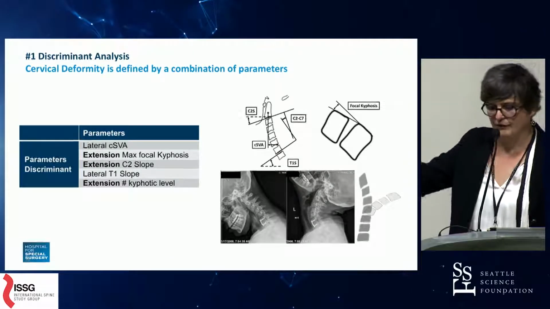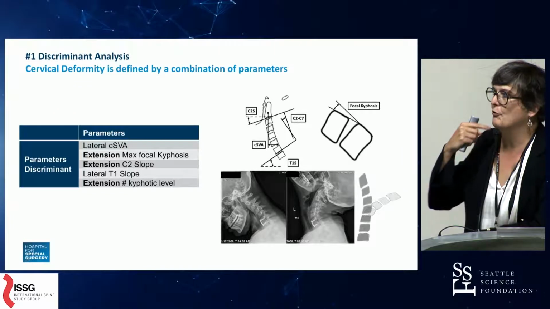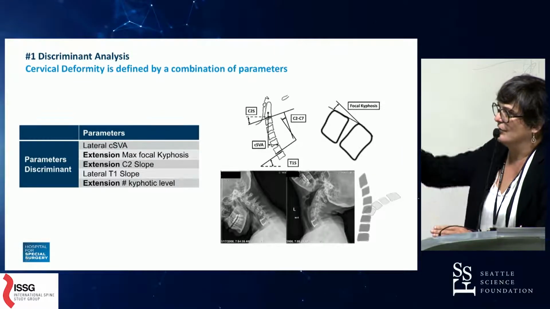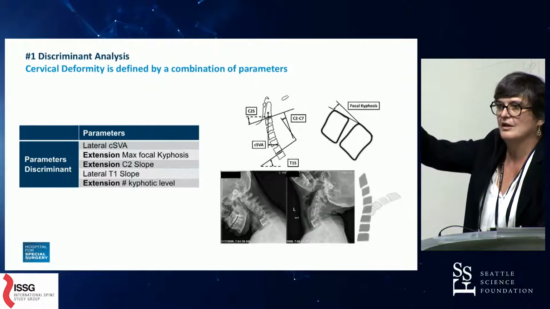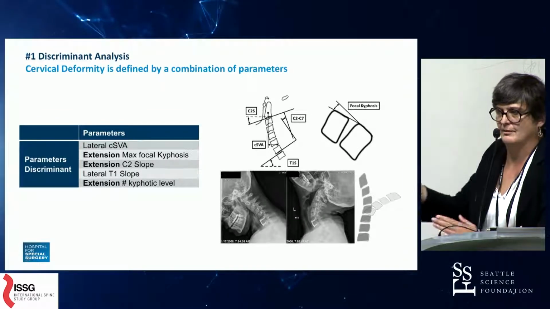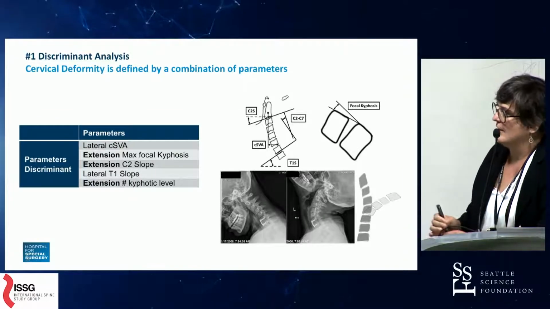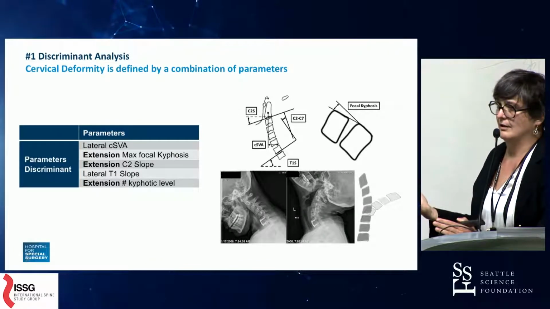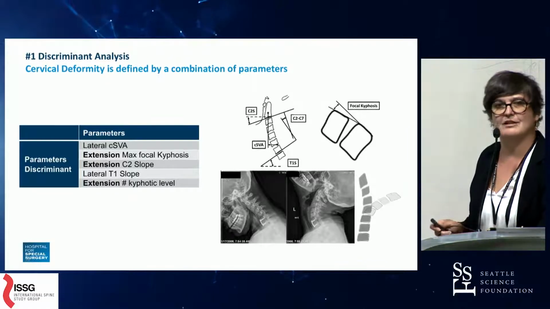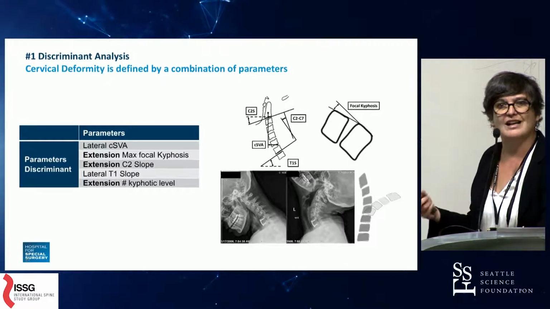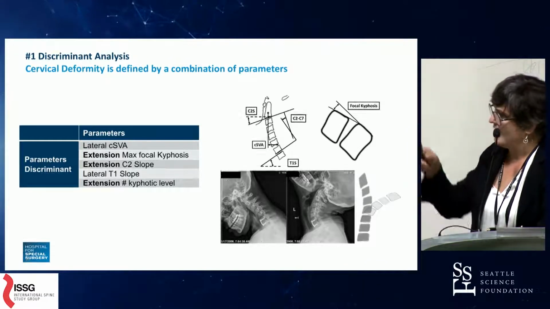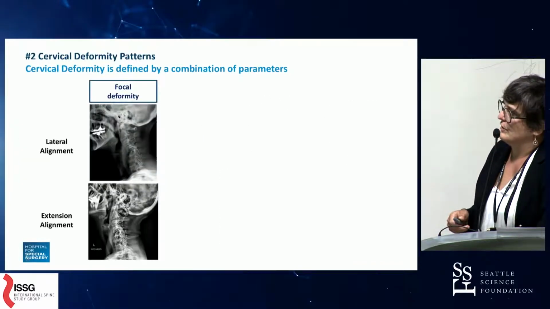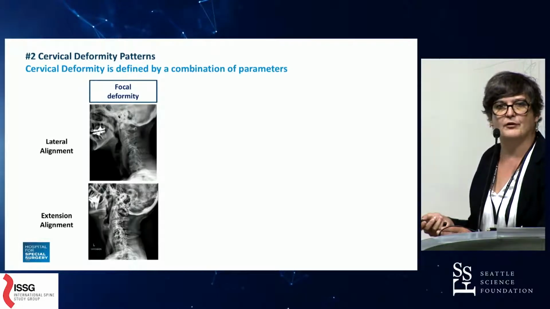So if during extension you still have a focal deformity, or you still have the C2 slope, and I think Timmy is going to talk about it, it is something similar to the TSCL. The result of the analysis was that, without knowing it, the cervical deformity is mainly defined based on the cervical alignment in extension. And so we use this result to try to identify different morphotypes of cervical deformity.